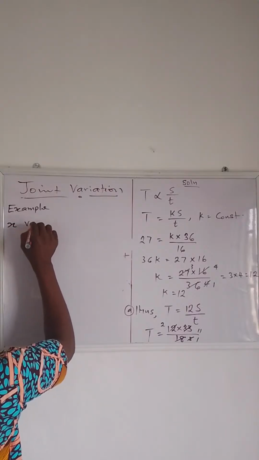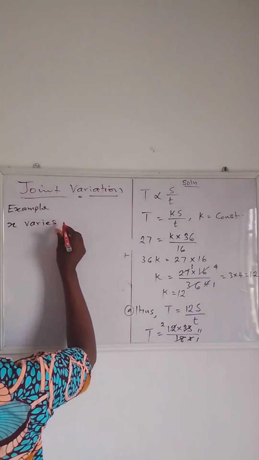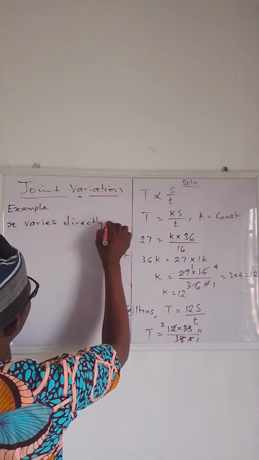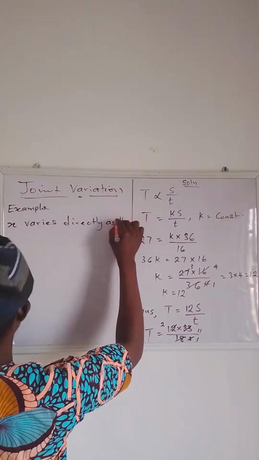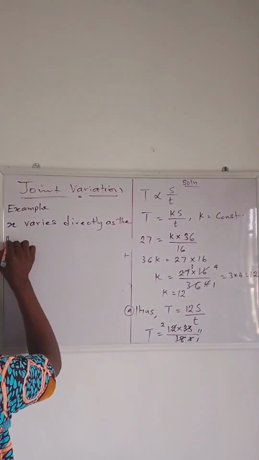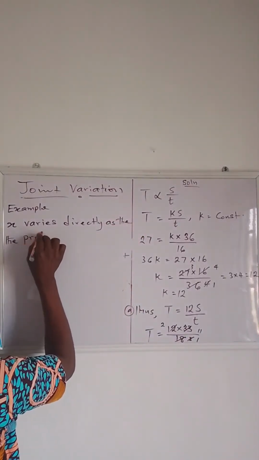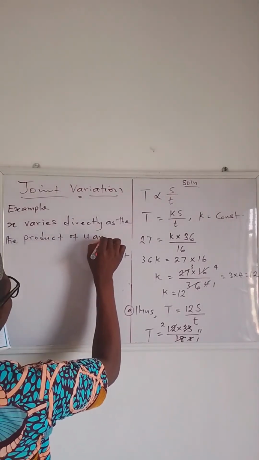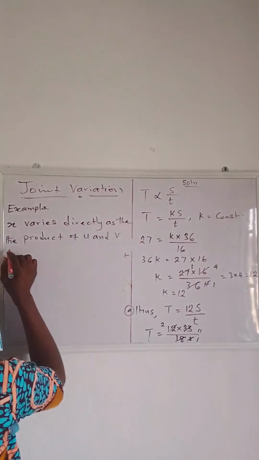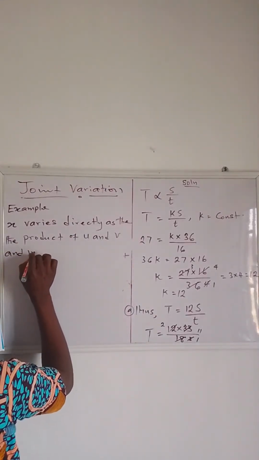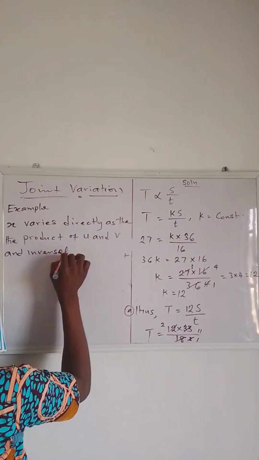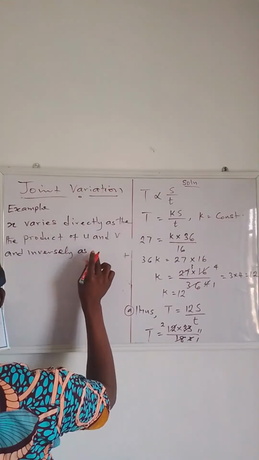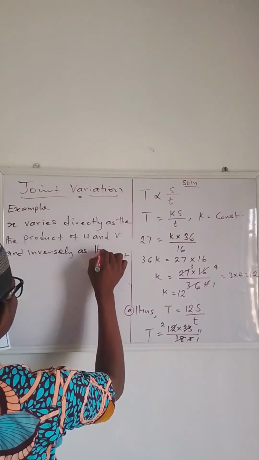X varies directly as the product of U and V, and inversely as their sum.